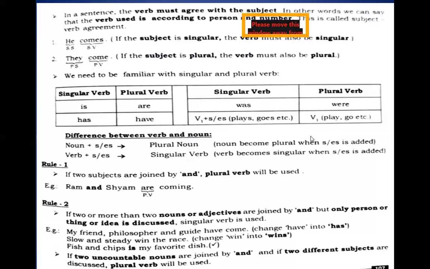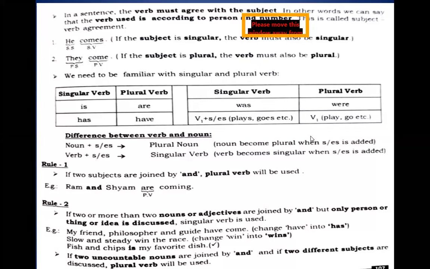Now let's see the basic terms we have completed here. Now you see we need to start with the rules. The first rule is given: if two subjects are joined by and, a plural verb is used. Let me tell you students, that's quite easy. Some of the rules you'll find are very easy to understand and apply, but some are a bit difficult, on which you need to concentrate attentively.